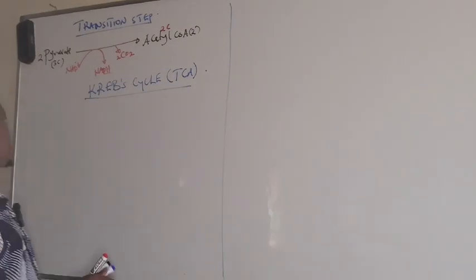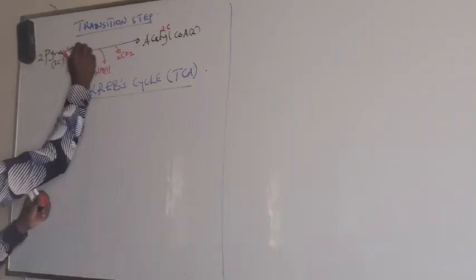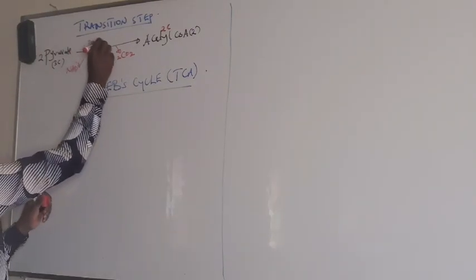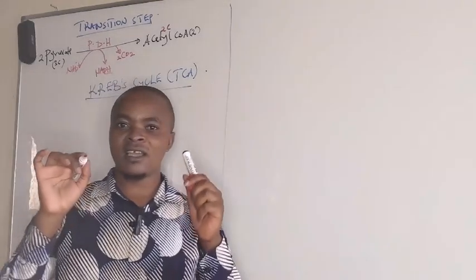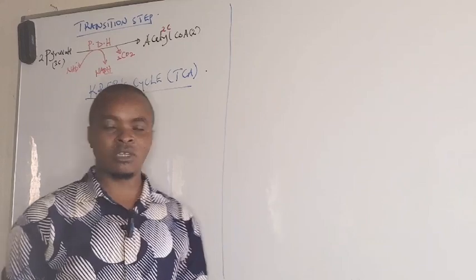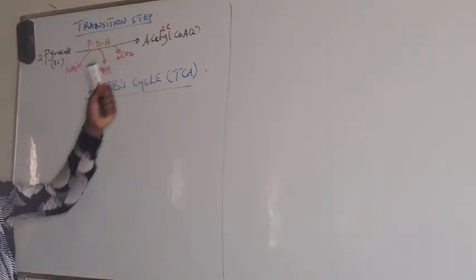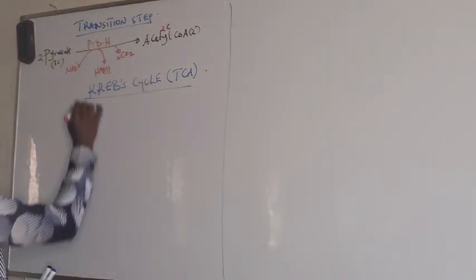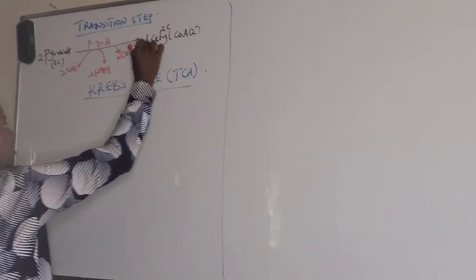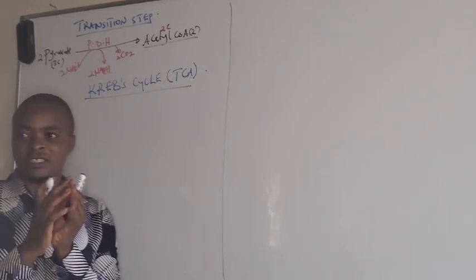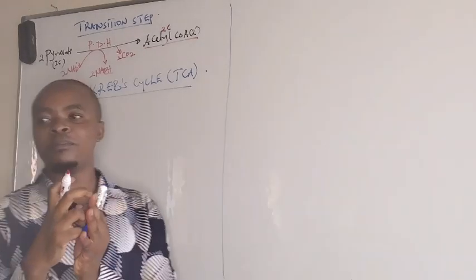So I'm going to see an enzyme known as pyruvate dehydrogenase, or you can call it pyruvate decarboxylase, because it is removing 2 carbon dioxide molecules. Here we form 2 NADH, because everything is 2, leading to formation of acetyl-CoA, which is a 2-carbon.